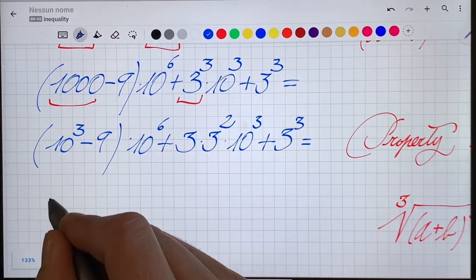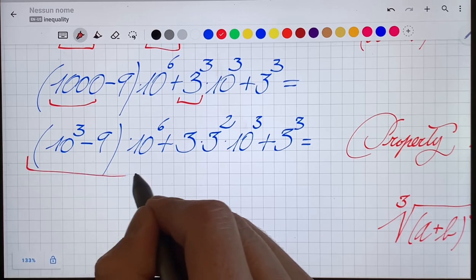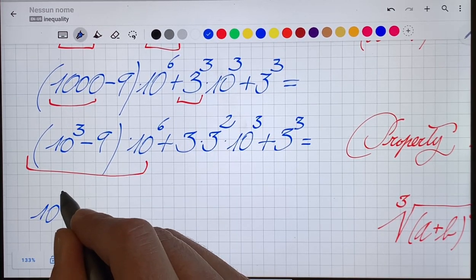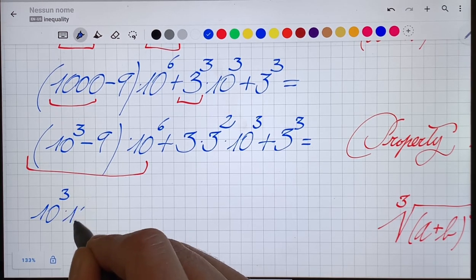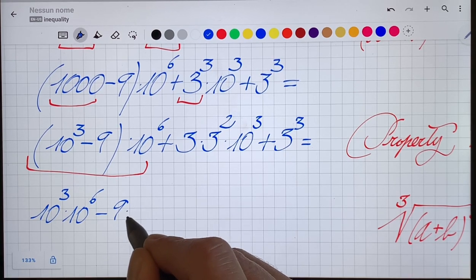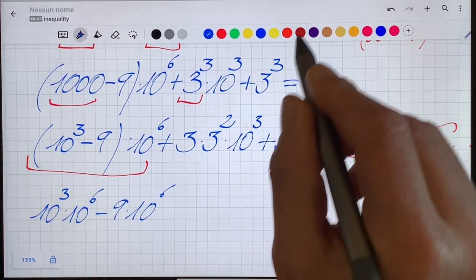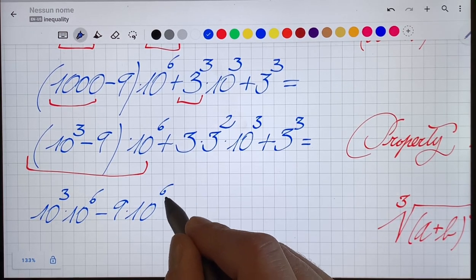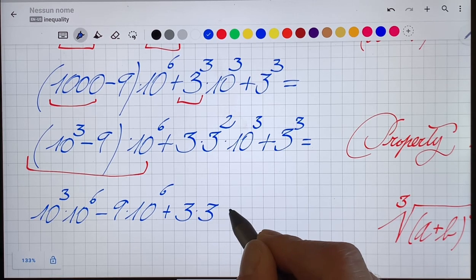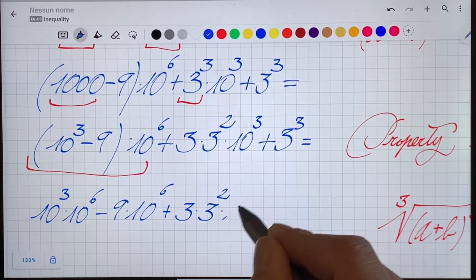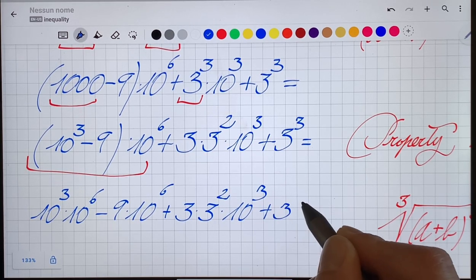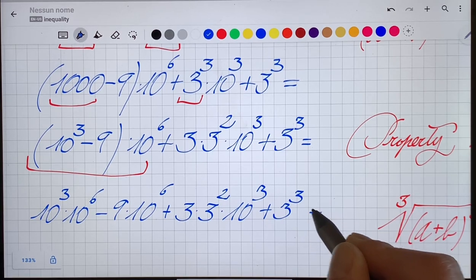So that becomes 10 to the power of 3 times 10 to the power 6 minus, and then I will multiply this, 9 times 10 to the power 6 plus 3 times 3 squared times 10 to the power 3 plus 3 to the power 3.